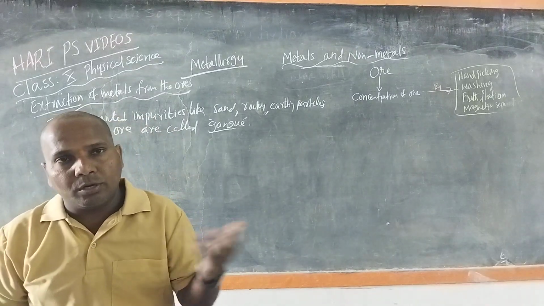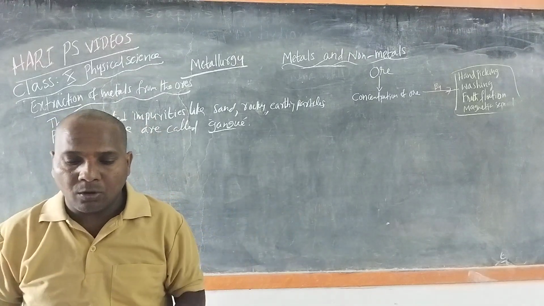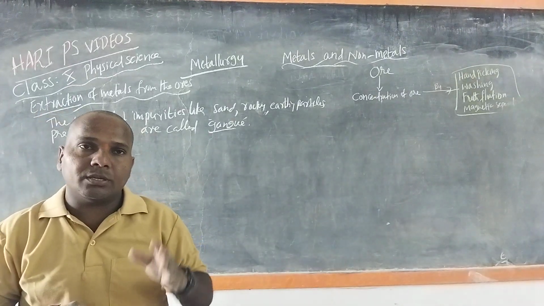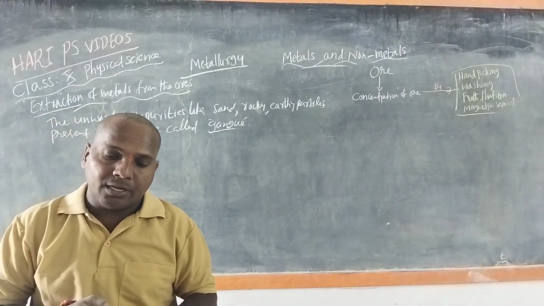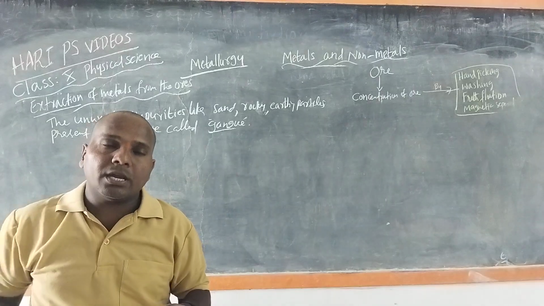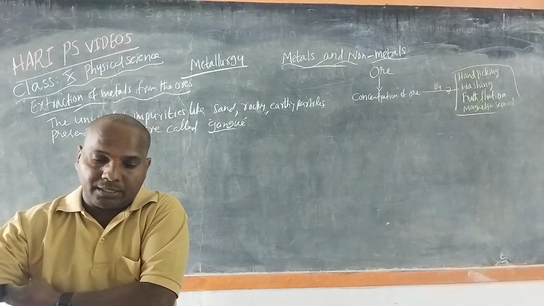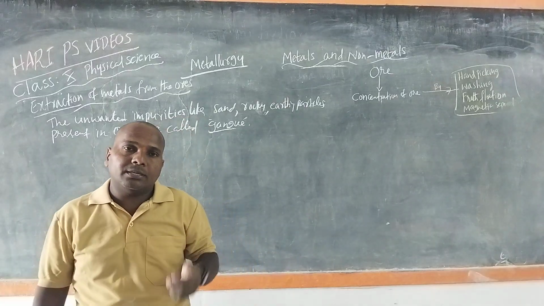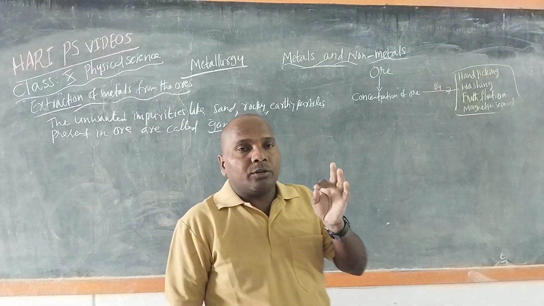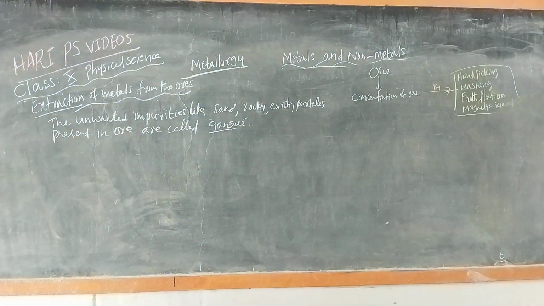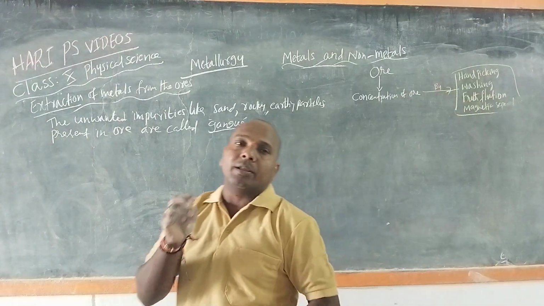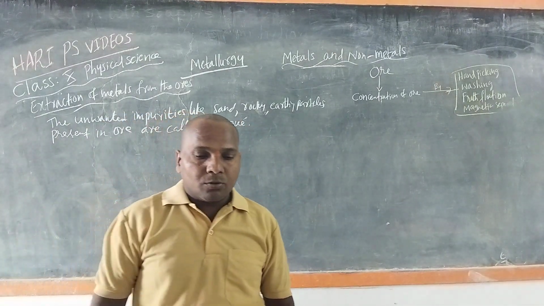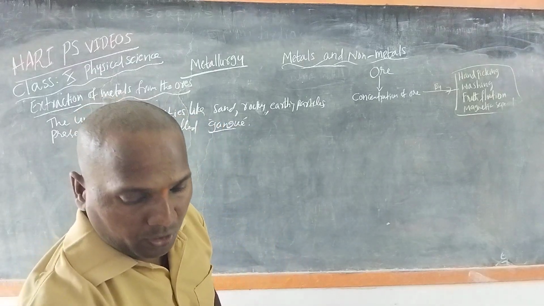By removing the gangue, we get concentrated ore containing a much higher percentage of the metal. To get a high percentage of metal, we necessarily remove the impurities from the ore. So what methods do we have to follow?